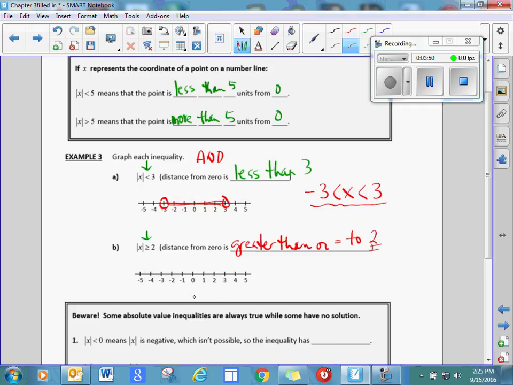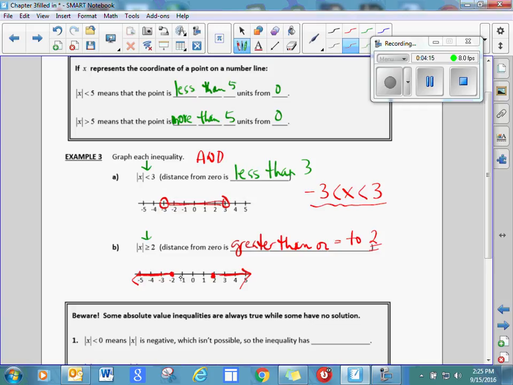So if I were going to show all the points on the number line whose absolute value distance is greater than or equal to 2, I would be looking at all of the points going this way from 2, including 2, but also -2 going this way. Because if we put these points inside an absolute value symbol, that turns them positive.